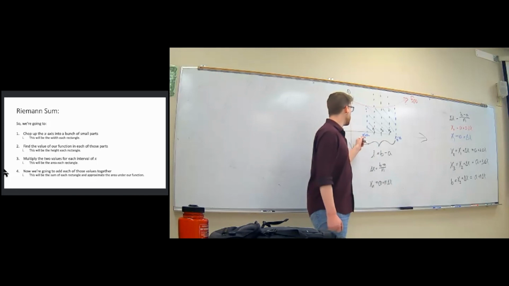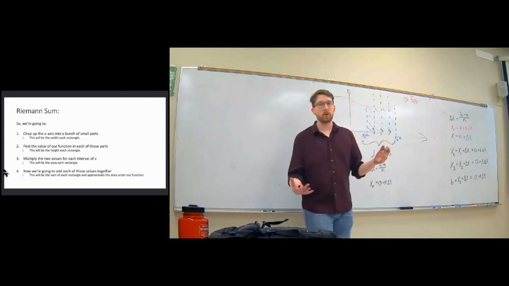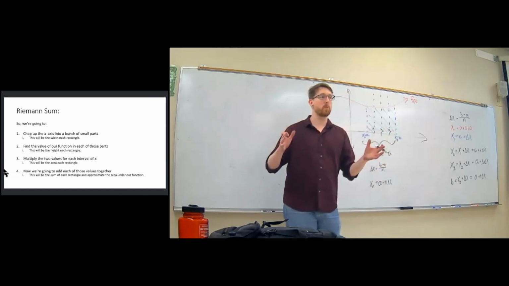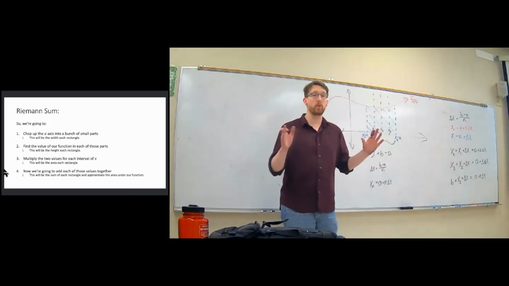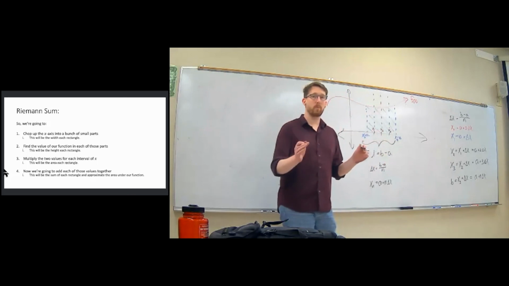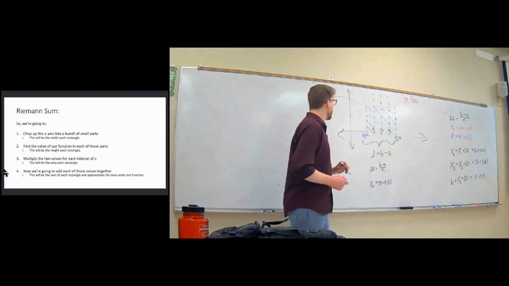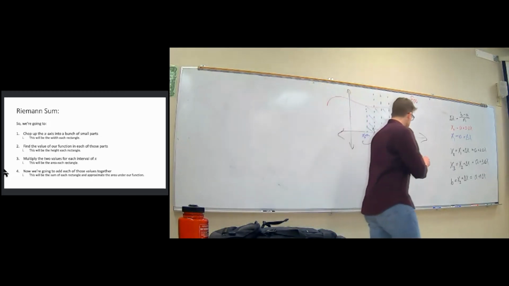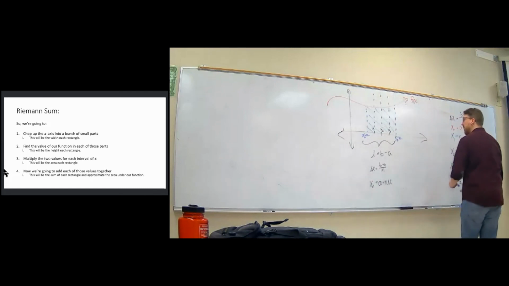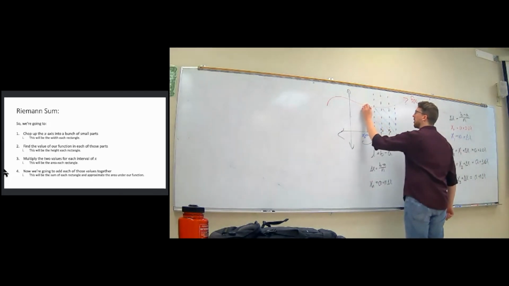Or we could choose the left corner, the right corner, the 1/3 in between, whatever rule you want to use. Use it, stick with it, but it has to be repeatable for each of these, right? So here, let's say we want to use the left corner.